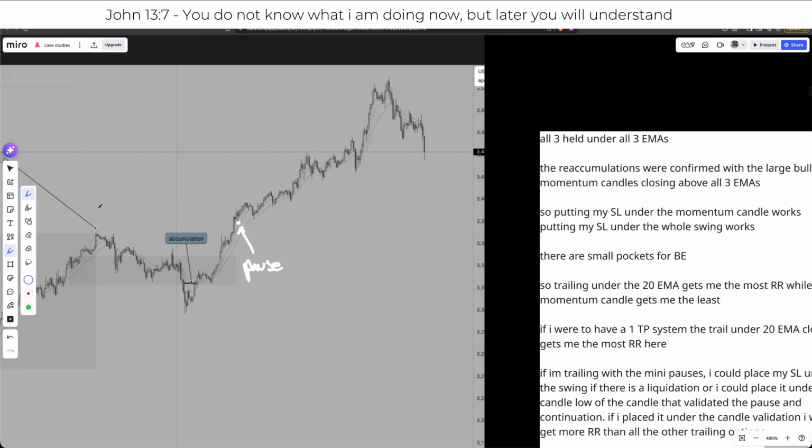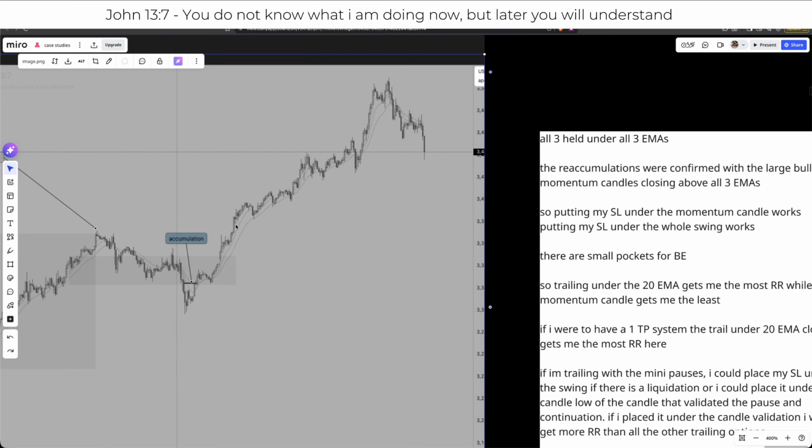Wow, it's the first time I'm ever using my mouse to write. So that's the pause. I get taken out. Taken out right there. So this pause candle low, I get taken out right here.